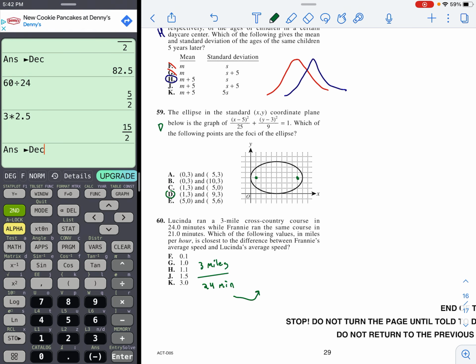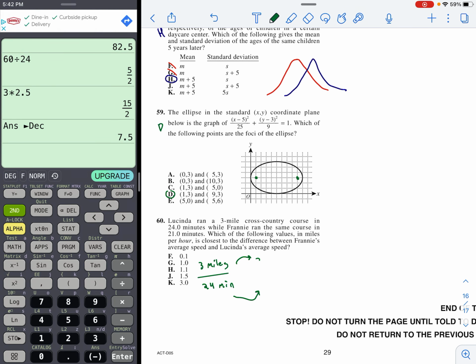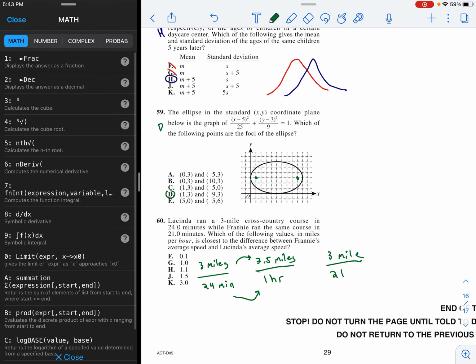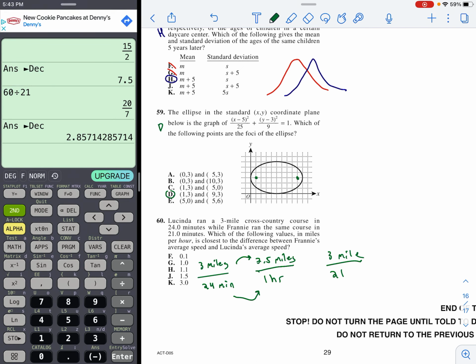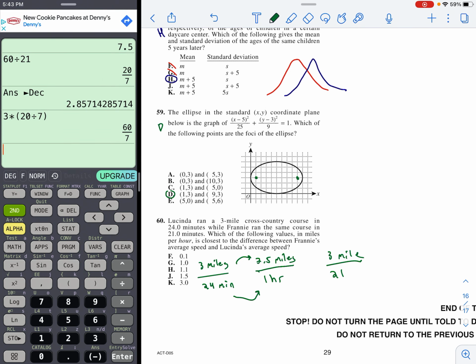That's going to get me to 7.5 miles in 1 hour for the first person. And for the next person, same 3-mile race, though this time, 21 minutes. So 60 divided by 21, what we get here is a little bit trickier. We get this decimal here, 2.8571. So let's just do 3 miles times this fraction, 20 divided by 7.